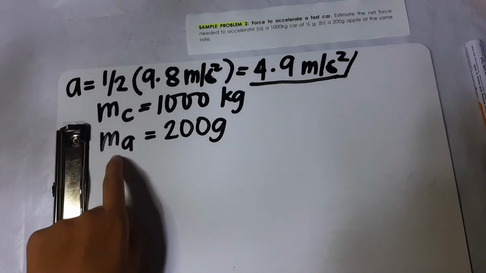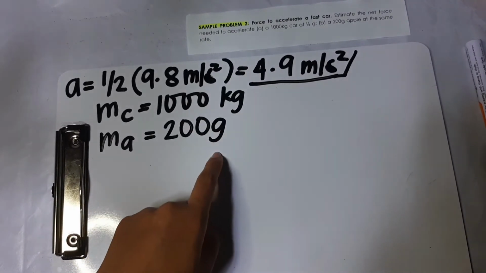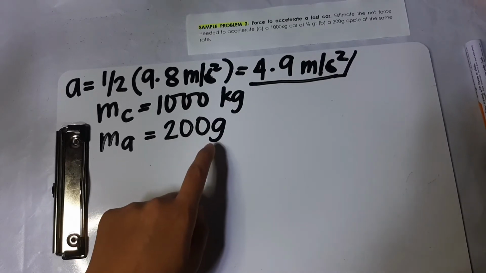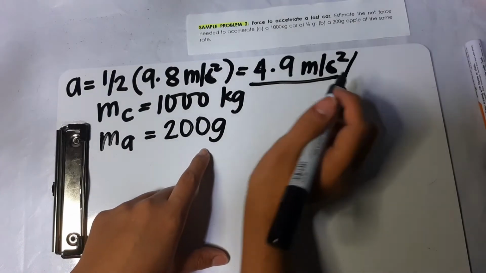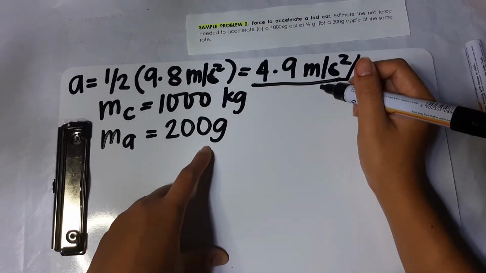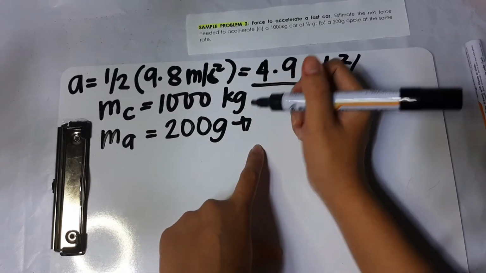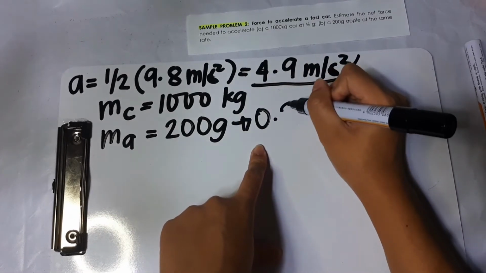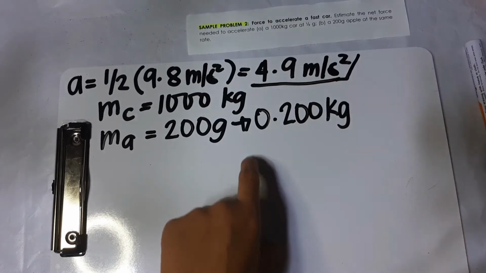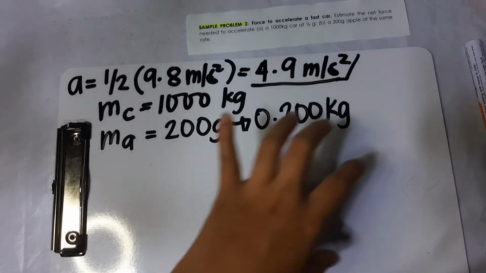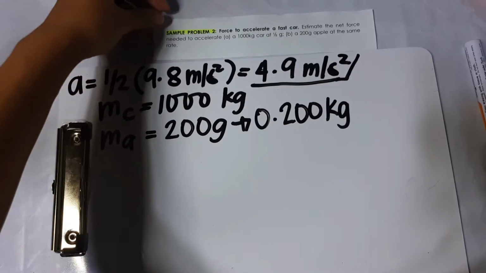Now, if you notice, the mass of the apple is in grams. So, we need to convert the 200 grams to kilograms. So, your 200 grams converted to kilograms, the value is 0.200 kilograms. Okay. So, those are all the given of the problem.